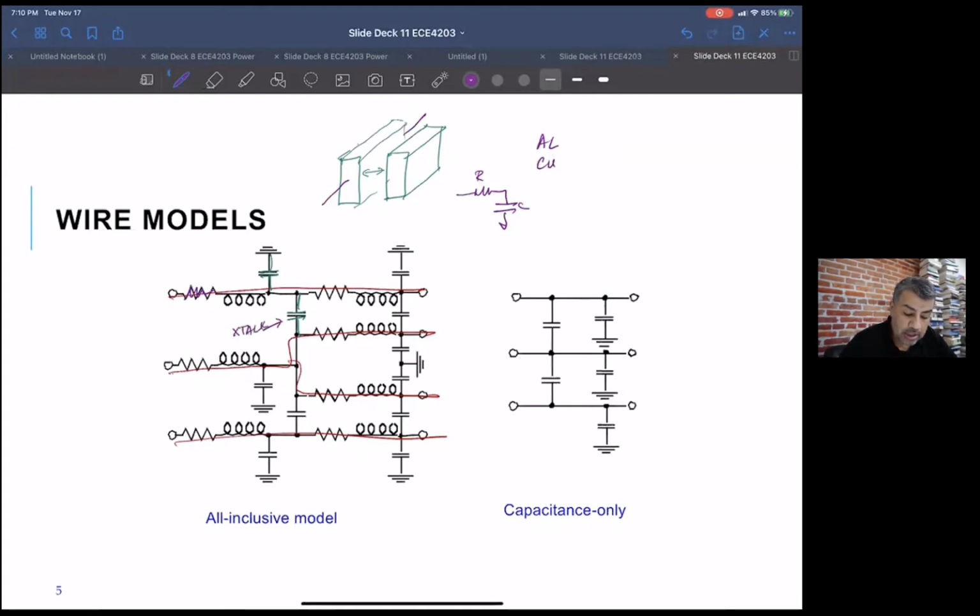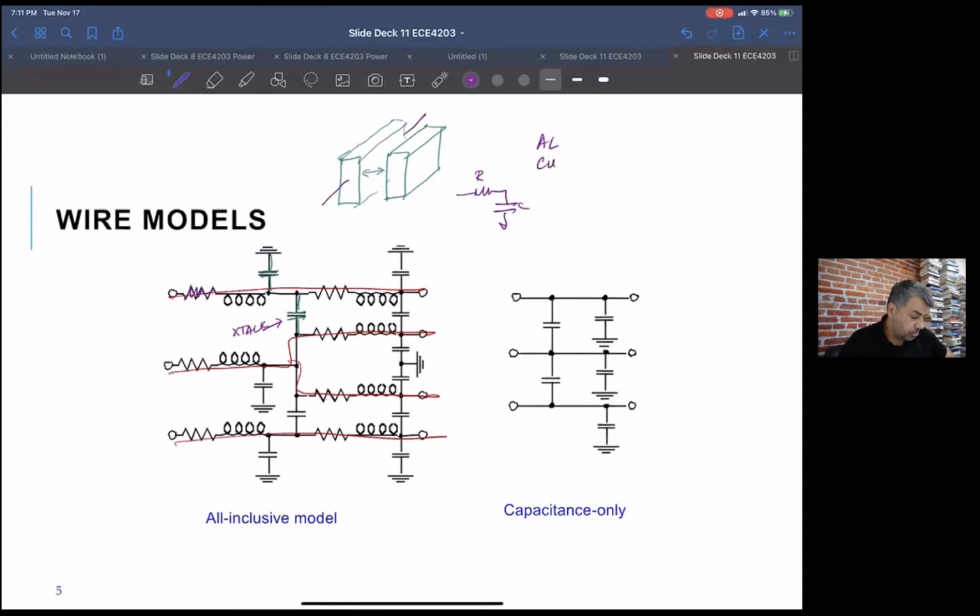And inductance exists on chip, but for the most part, you can ignore it, except when you have things that are going very fast for very long distances. Basically, like, on purpose, if you're building a transmission line, you can ignore inductances on chip.